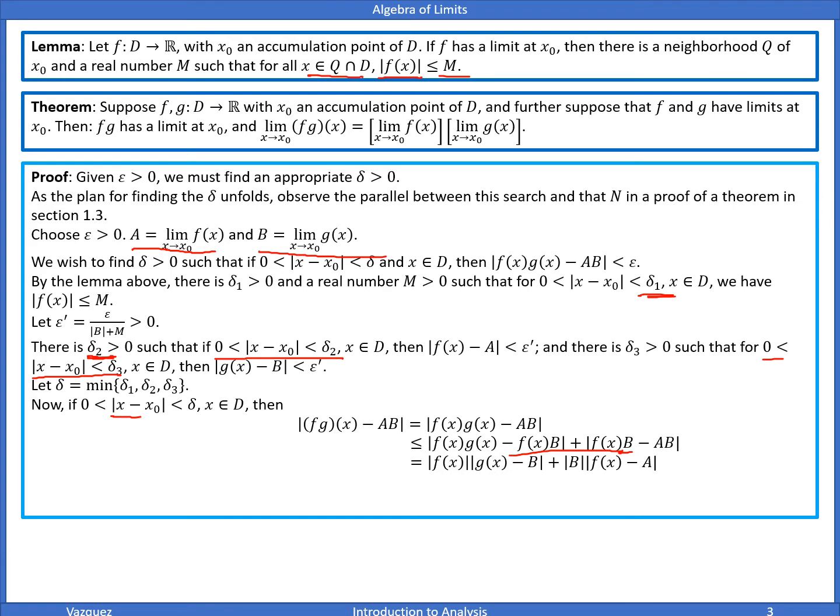That's just equal to f of x times g of x minus B, plus B times f of x minus A. That's less than M, because f of x is bounded, so M is greater than or equal to f of x. And this here is less than epsilon prime.